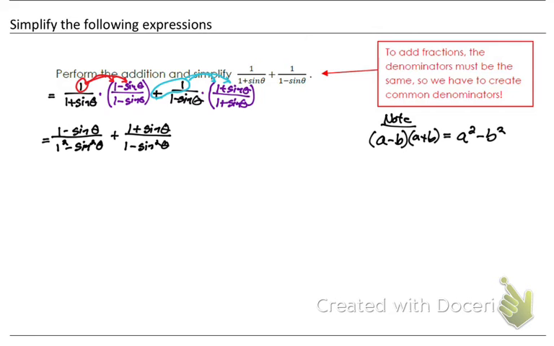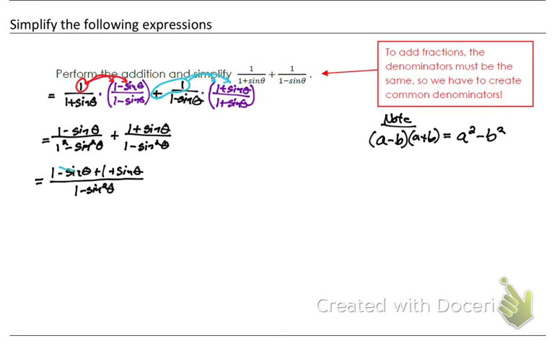So now we're going to have 1 minus sine theta plus 1 plus sine theta all over 1 minus sine squared theta. But we should see something: I have a negative sine plus a sine. That's like if I have a negative 2 plus a 2, we're just going to have 0.